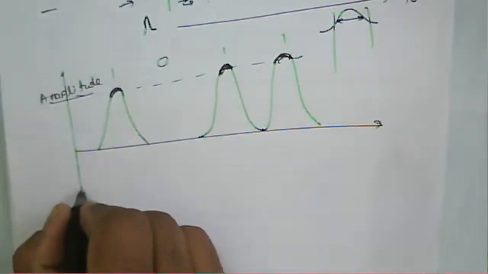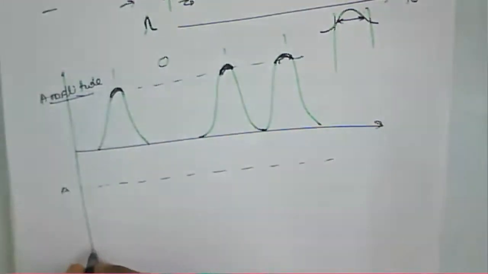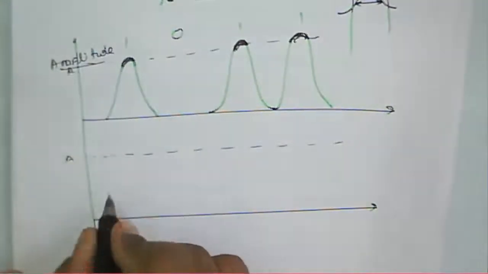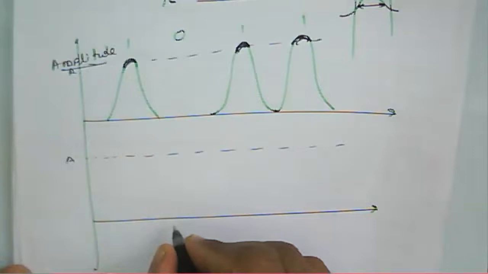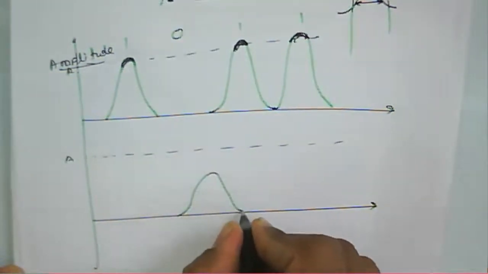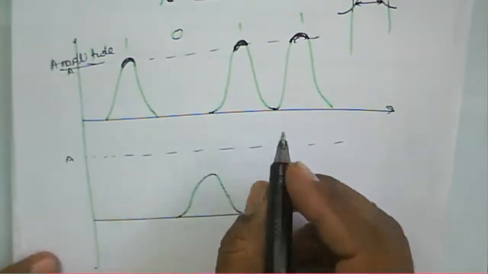But when we transmit the pulse with amplitude A and receive the pulse, what happens here? For a given distance, when we receive the pulse, the pulse gets broadened and its amplitude reduces.